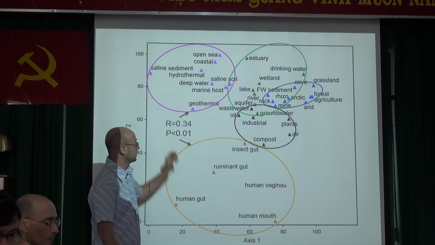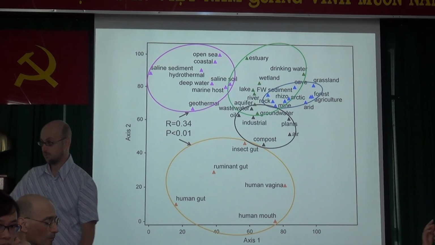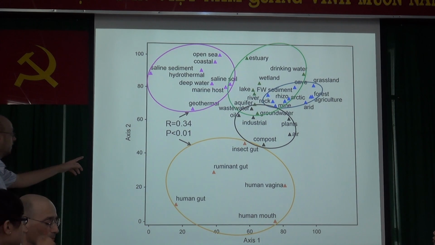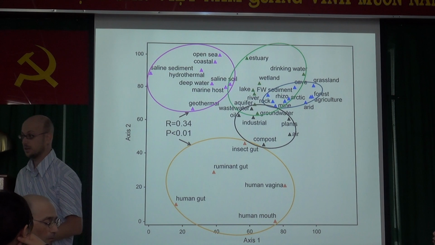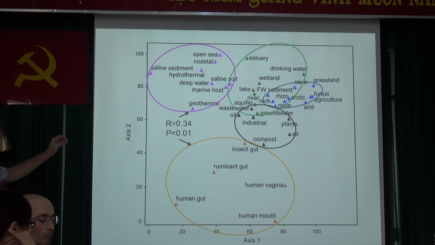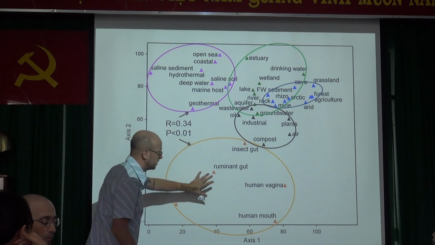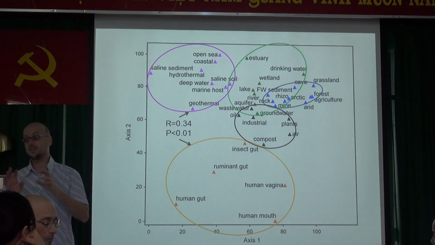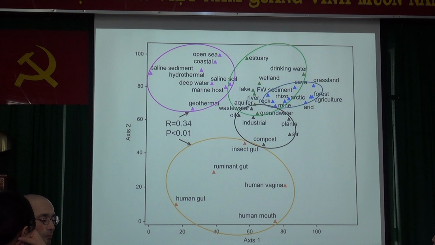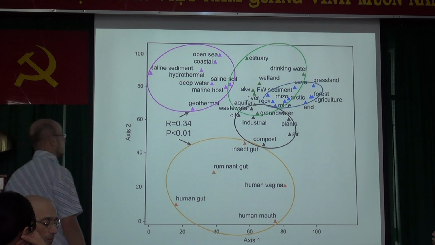R equals 0.34. And the p-value is smaller than 0.01. What does that mean? It means that between this group and this group, there is a significant difference, and we know by how much they are different.